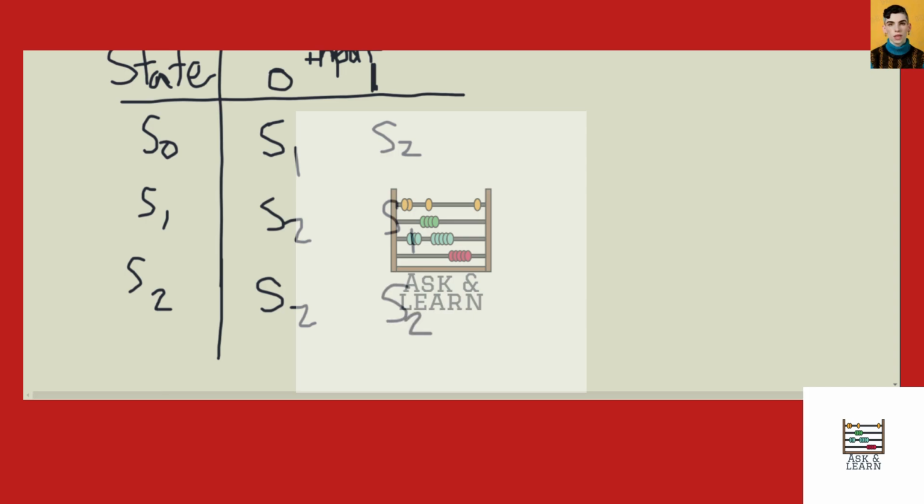Likewise, I fill out the rest of the table. The rest of the table is S2, S2, S2, S1, S2. And we're told that S0 is the start state.